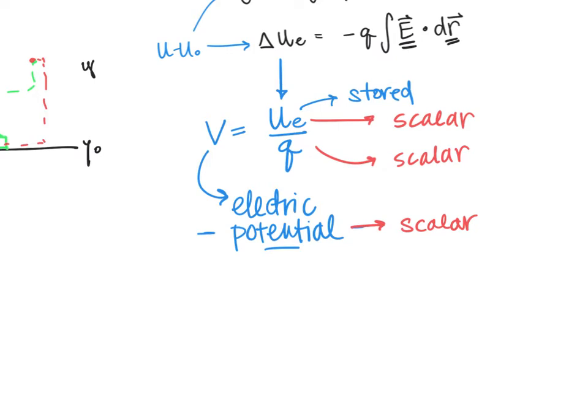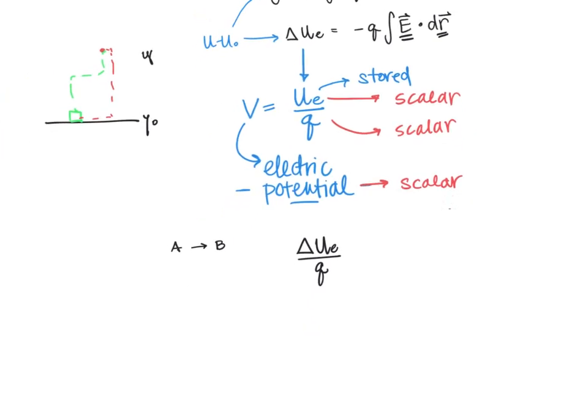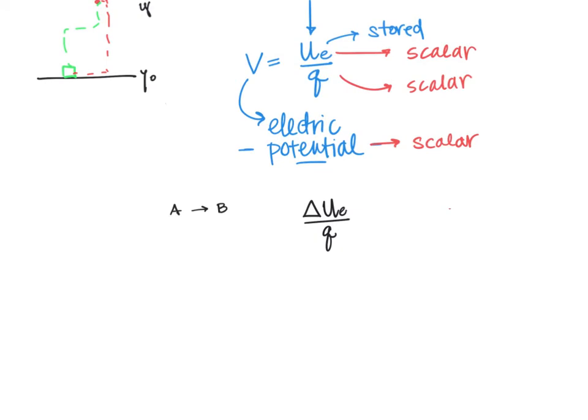So if we're going to move between two points, let's say point A to point B in an electric field, there will be a change in electric potential energy. If I look at it as a change in electric potential energy per charge, let's take this charge and move it from point A to point B. Maybe the electric field is pointing in this direction, and we're going to go from A to B along this path.